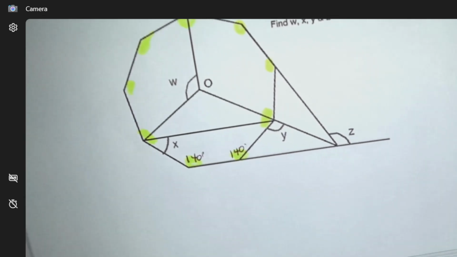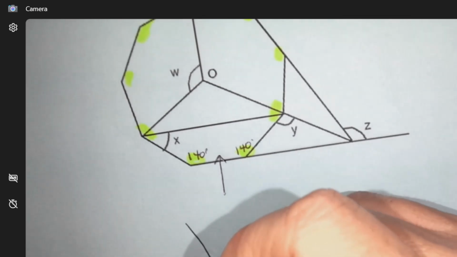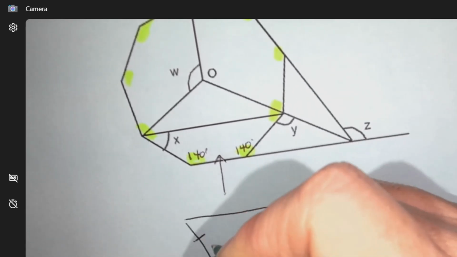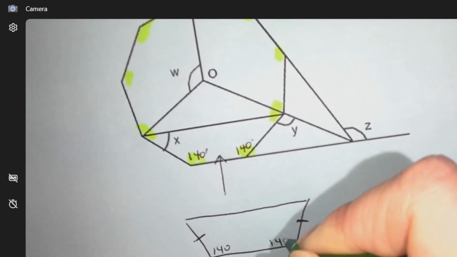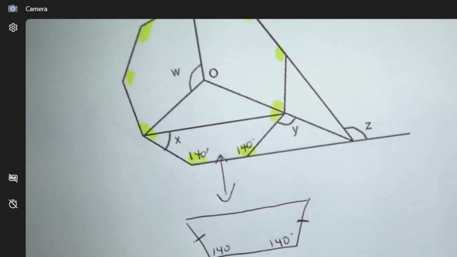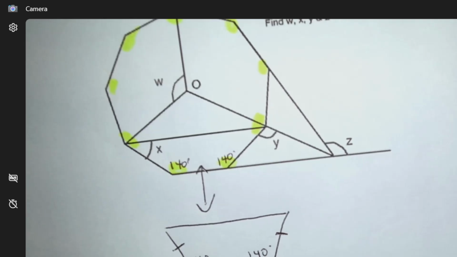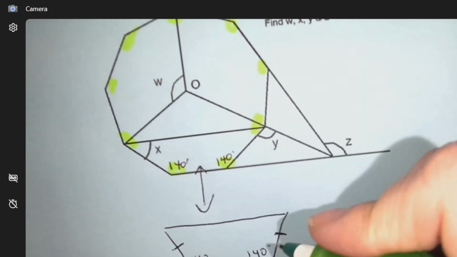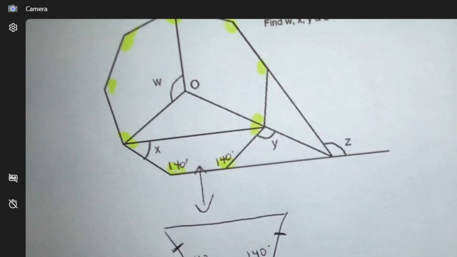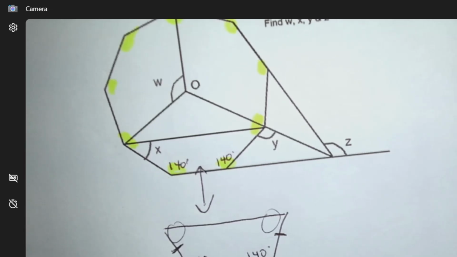Okay, here's what we're going to do. We are going to take just this shape. I put tick marks here because it's the side of the nonagon. So this and this are the same. So that means those base angles are the same.